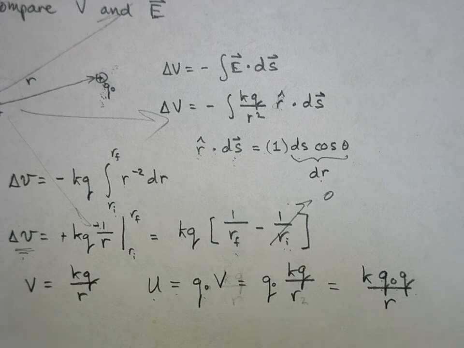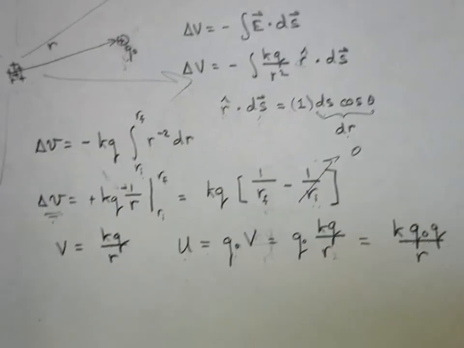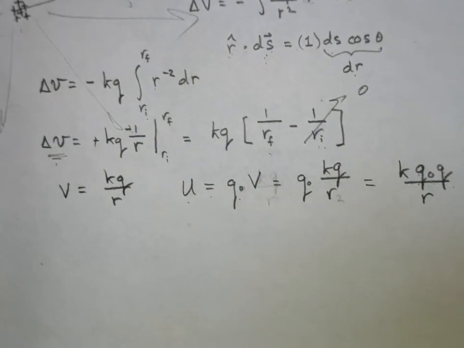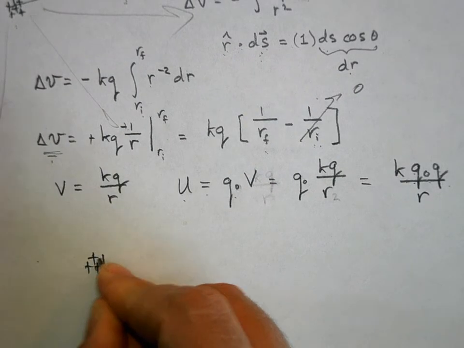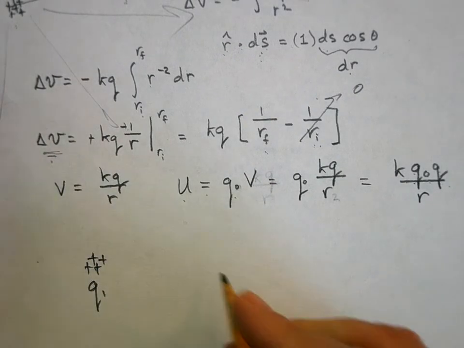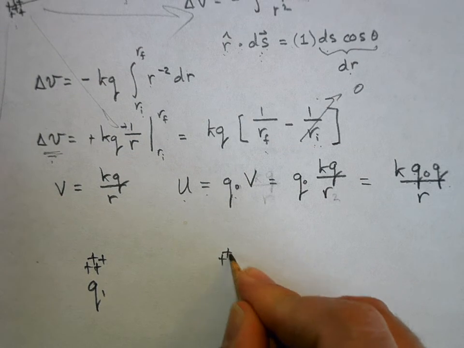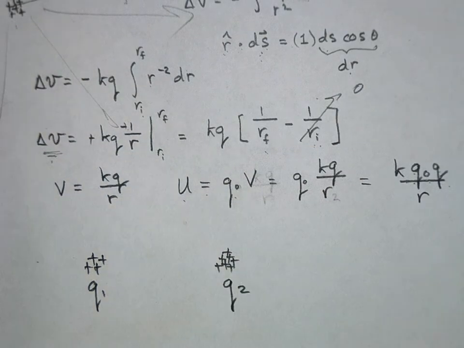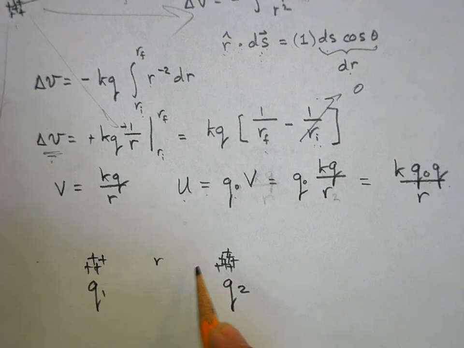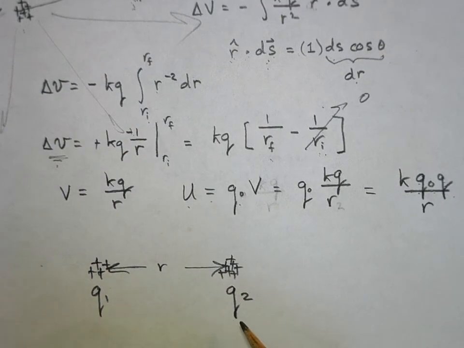So we can say that if I'm going to assemble a system of two charges, let's say I've got Q1 right here, and over here I've got Q2, and I put them a distance r away from each other. It took work to do that.